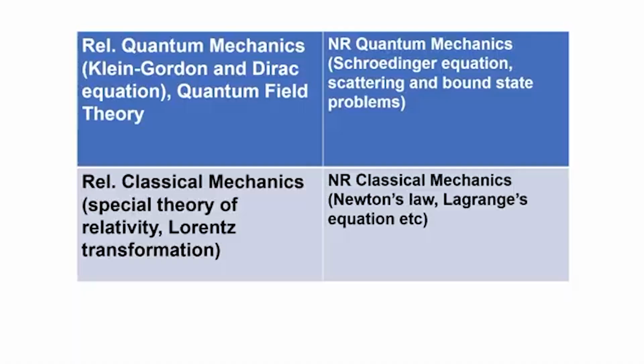That is the idea, and this later part, which is the physics of elementary particles, will also be done very briefly. So, this is the structure of classical and quantum mechanics, as it has been presented to you so far. We start with this fourth quadrant, non-relativistic classical mechanics, in which we have studied Newton's laws, Lagrange's equation, etc., which tell us how, under a certain force field, the trajectory of the particle evolves as a function of time.